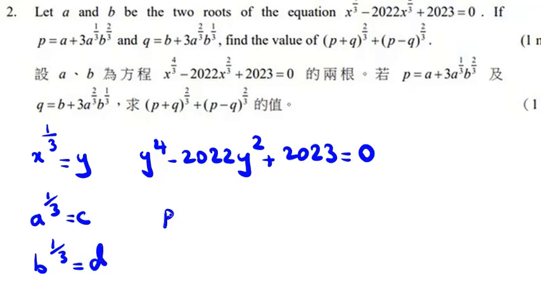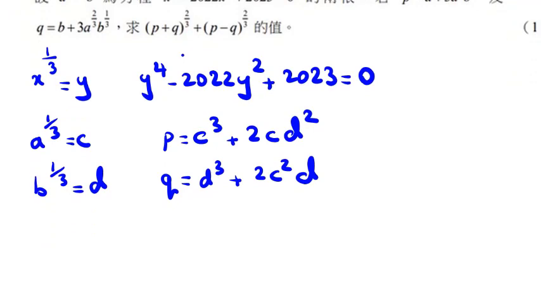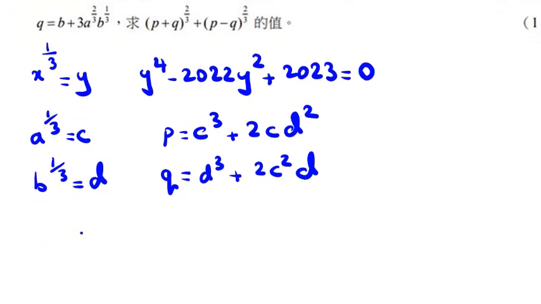Now, p is c cubed plus 2cd squared. And q is d cubed plus 2c squared d.